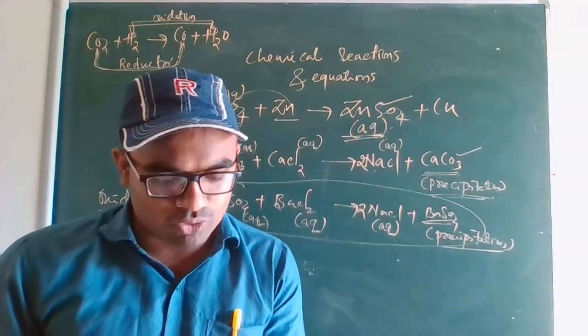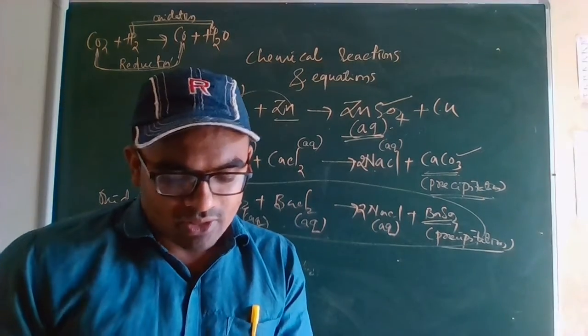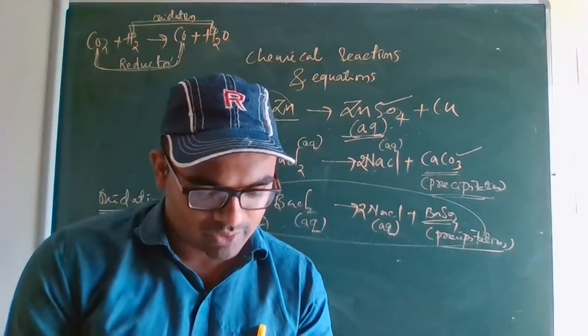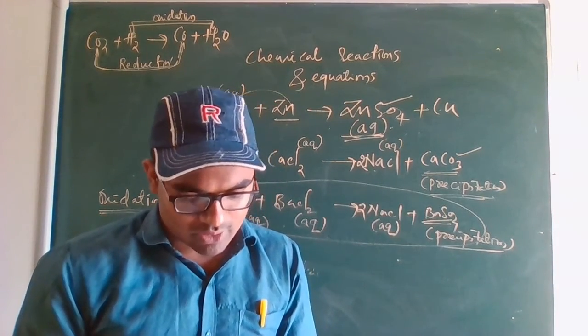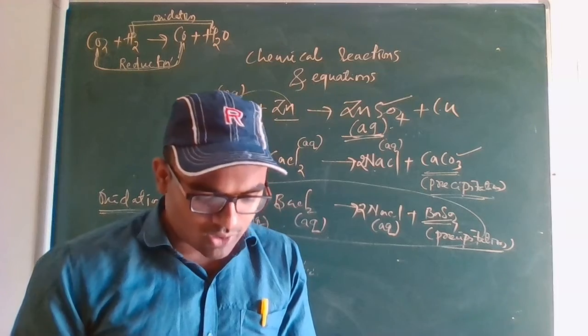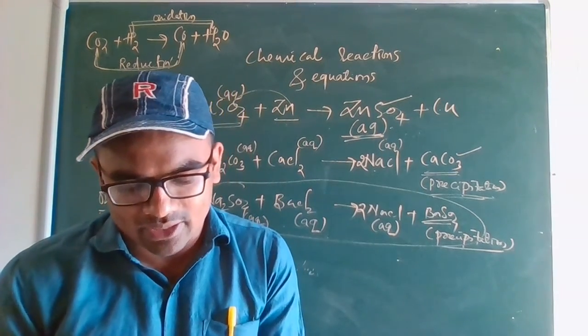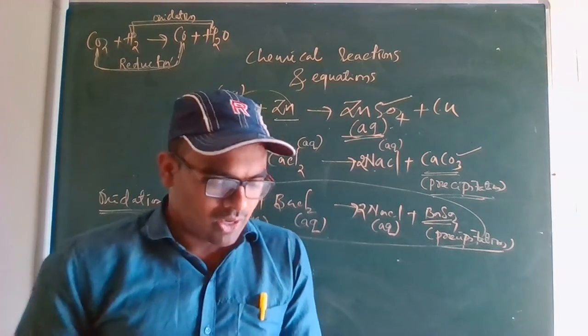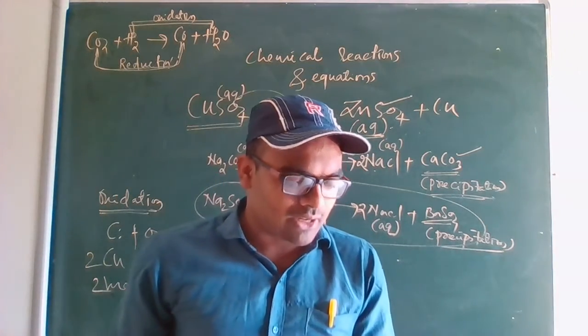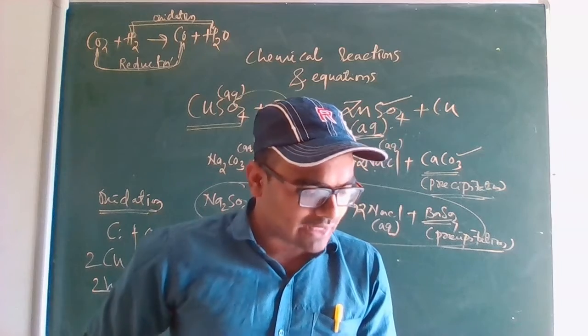We'll move to the next question. The 17th question. A shiny brown colored element X on heating in air becomes black in color.